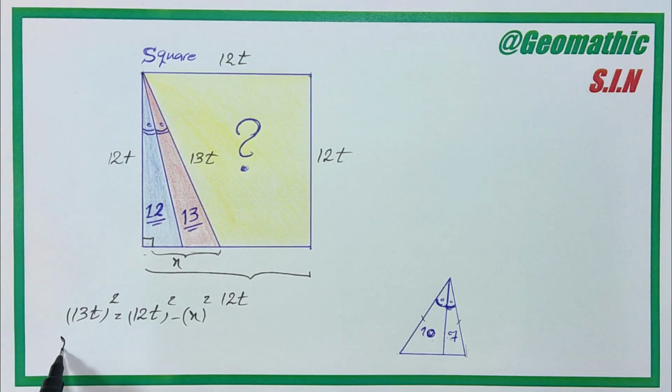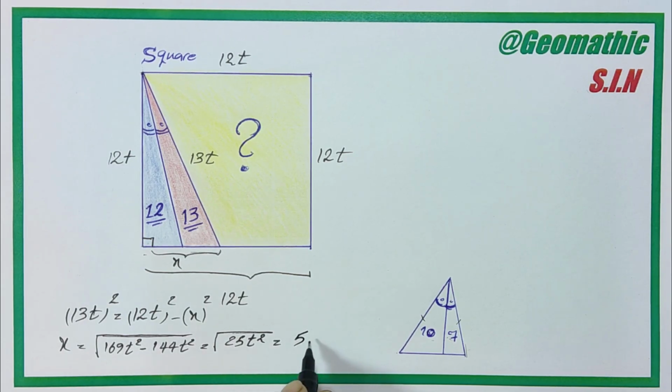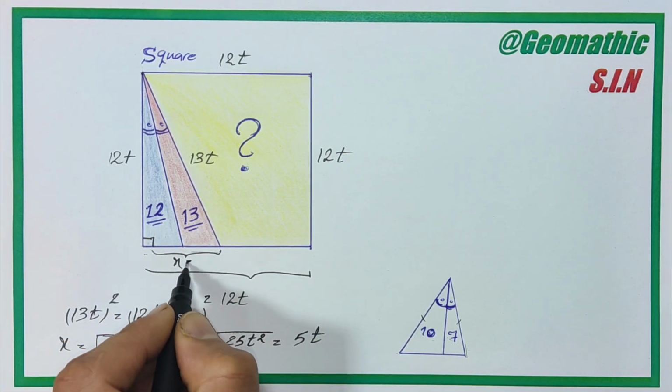So x equals the square root of 169t squared minus 144t squared, equals the square root of 25t squared, equals 5t. Okay, so this part equals 5t.